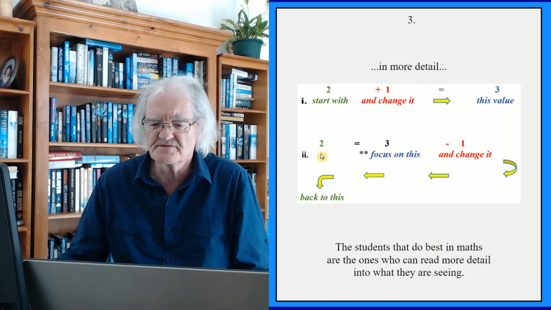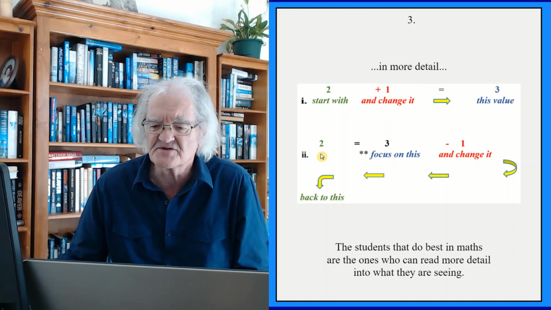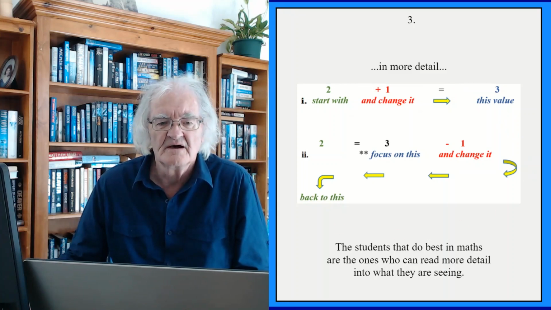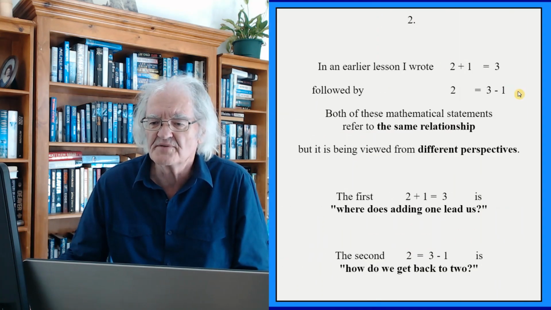The students who do best at maths are the ones who can read more detail into what they are seeing. They are the ones who see this when presented with this.